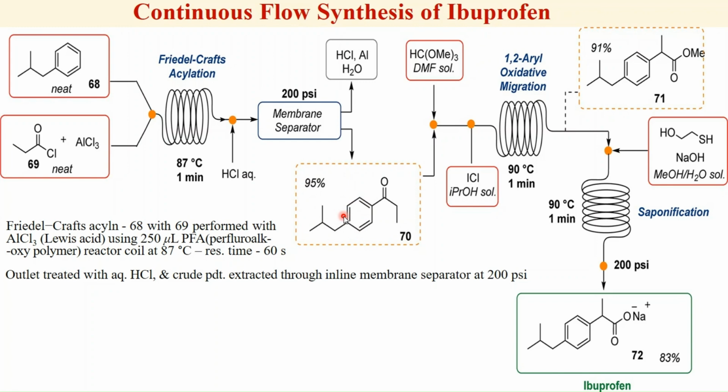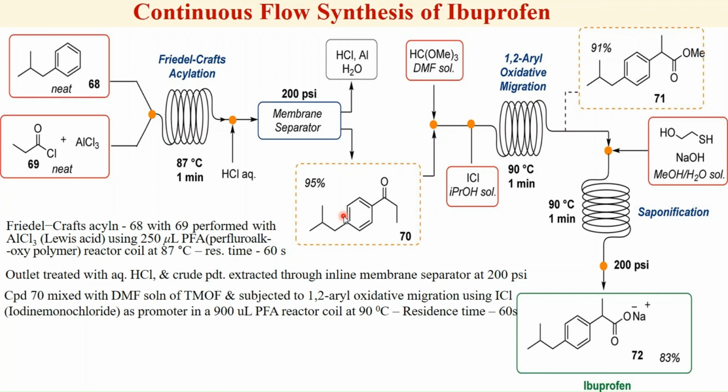The acylated product was mixed with triethyl orthoformate in dimethyl formamide solution, which was subjected to 1,2 aryl oxidative migration using iodine monochloride as promoter in a 900 microliter PFA reactor coil.